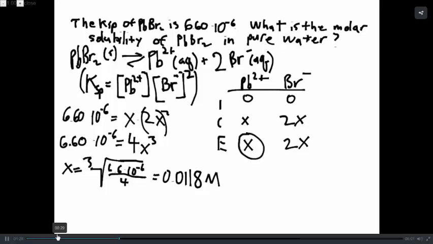We said that x is the concentration of lead, and in this case there's a 1-to-1 ratio between the concentration of lead and the concentration of the whole compound.